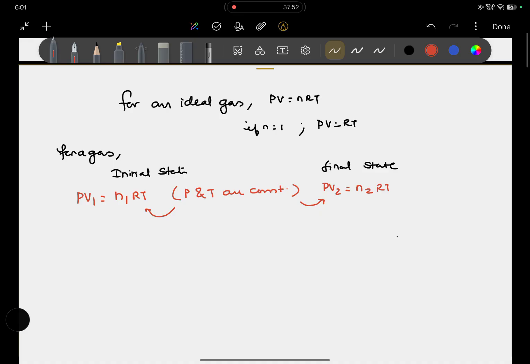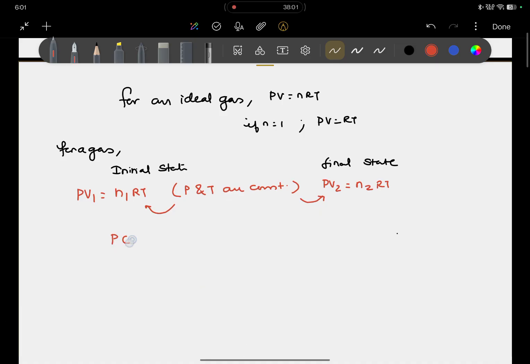Now combine the equations. Very simple. What will happen? P(V2 minus V1). If you take this as equation number 3, this as equation number 4, 4 minus 3 we are going to see.